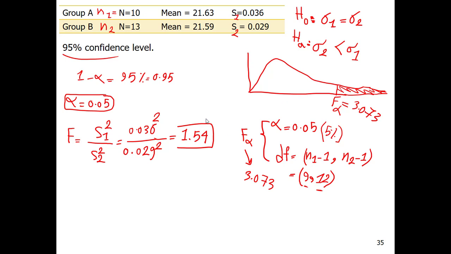The F that you have calculated from the equation is somewhere here, 1.54. The F from the table is 3.073. The one that you have calculated is here. So your F is located in this region. This is my rejection region. This is acceptance region.